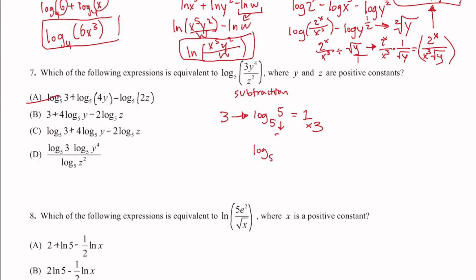So 5 to the power of 3 gives us 125, and now it equals 3. So now we've changed 3 into the equation where it uses log of 5.